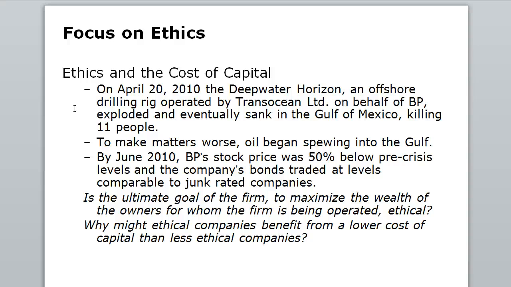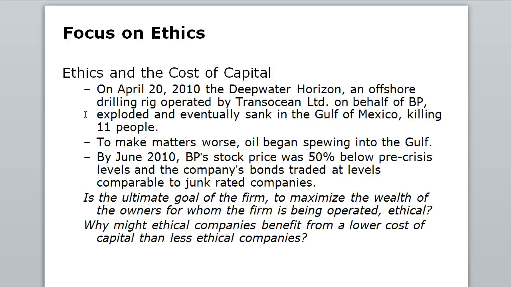But behind the scenes, they were making risky capital budgeting decisions. For example, they could have bought more expensive, safer equipment for the Deepwater Horizon drilling operation, which they didn't. They had the bare minimum on some of the specifications on that offshore drilling rig. And we all know what happened.